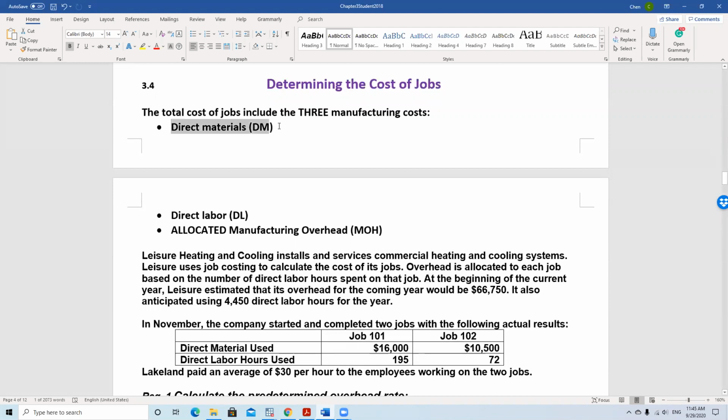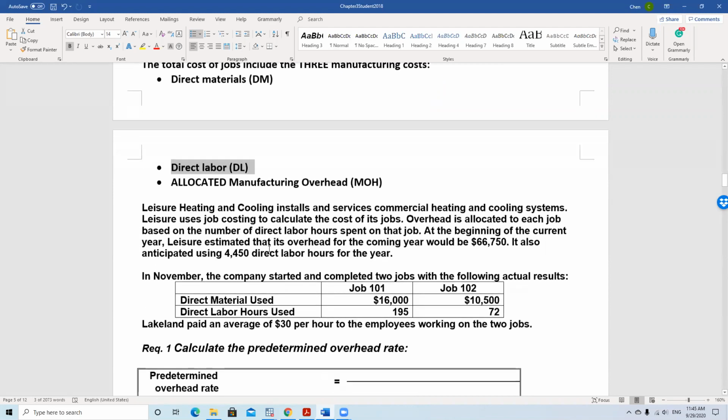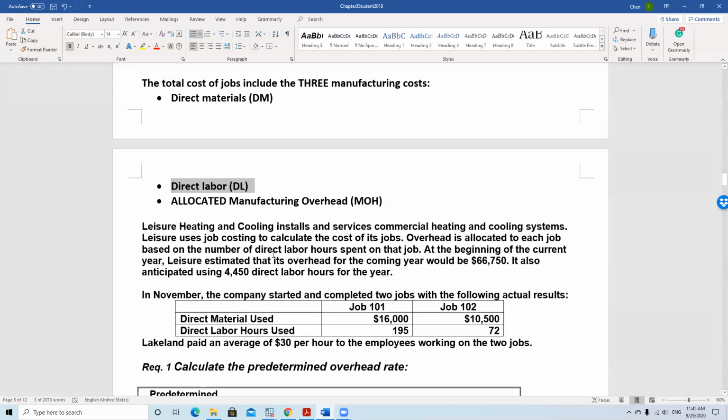As I said, for direct material, you have purchases, and you can record the cost of that. For direct labor, you have the number of hours the workers work on the project, and their hourly rate. And then allocated manufacturing overhead. We had an example before about that.